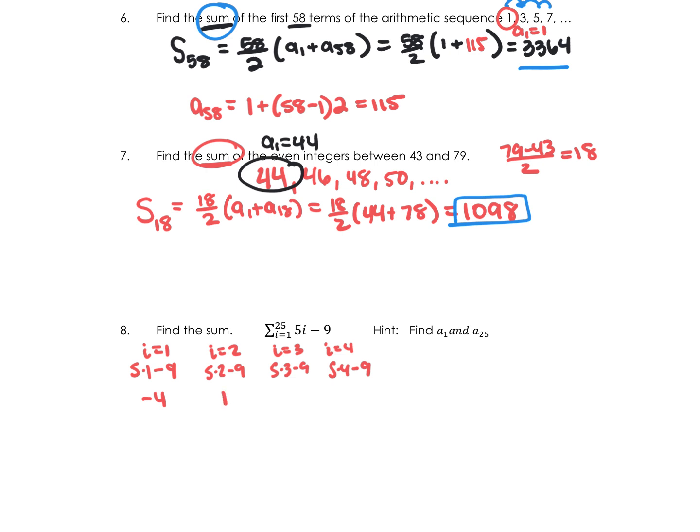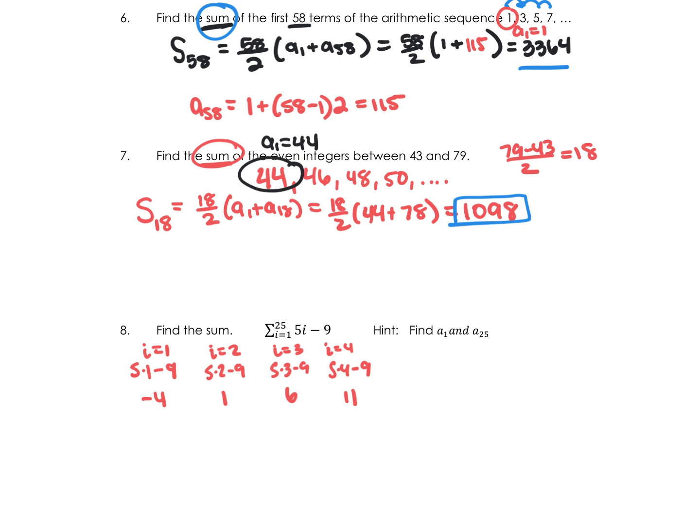All right, you should have gotten 1 when you plugged in 2. You should have gotten 6 when you plugged in 3. And you should have gotten 11 when you plugged in 4, okay?